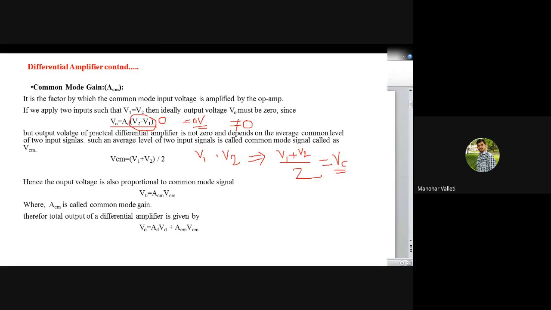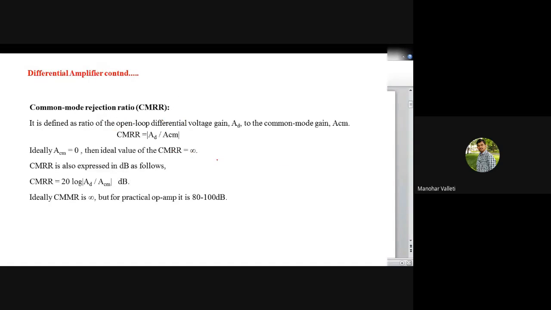Because of this common signal, when you apply the same input at the input of the operational amplifier, you are not getting zero output, you are getting non-zero output, because not only the difference of the two signals but also the average of the two signals appears as input to the differential amplifier. That's why the output is non-zero.